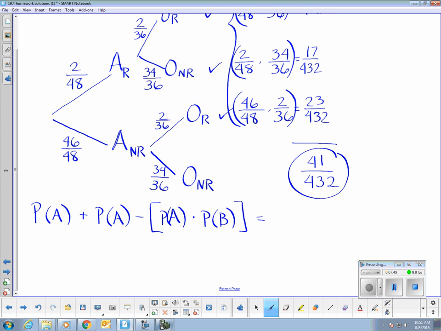So the probability of A, getting a rotten apple, is 2 out of 48. The probability of getting a rotten, this should be a B right here.